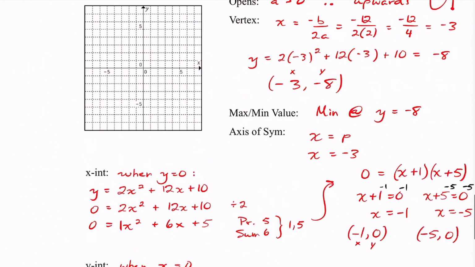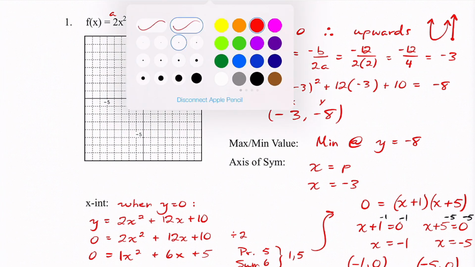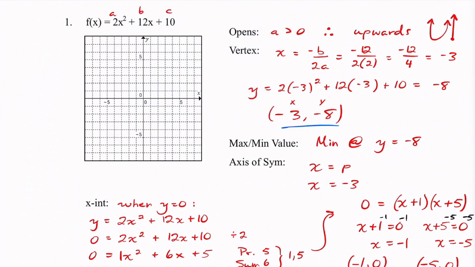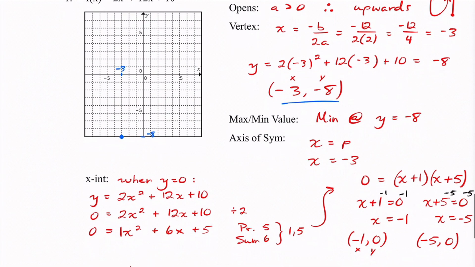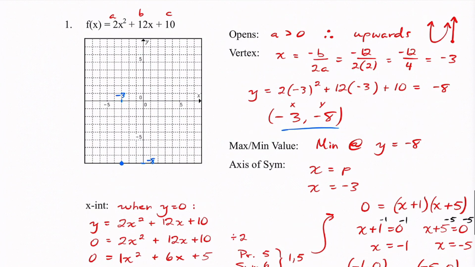So going up here, I know the vertex was at this point right here, so let's plot that. So at negative 3, we're down at negative 8, so that is way down here. So there is our vertex. We had x-intercepts of negative 1 and 0 and negative 5 and 0. So let's plot those.